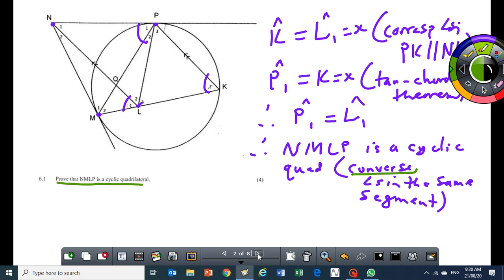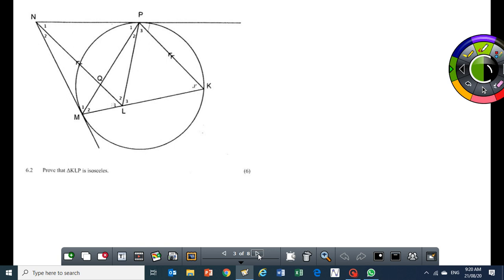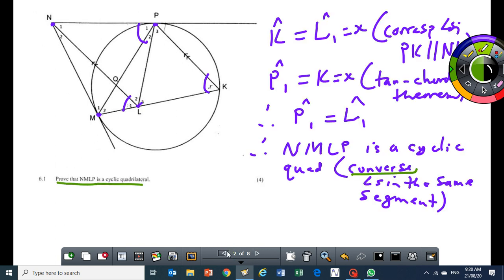Then the next one, prove that KLP is an isosceles triangle. In most cases, geometry questions have a connection. So if you're asked to prove in the first part that NMLP is a cyclic quad, it means it is now a cyclic quad because we have proved it.